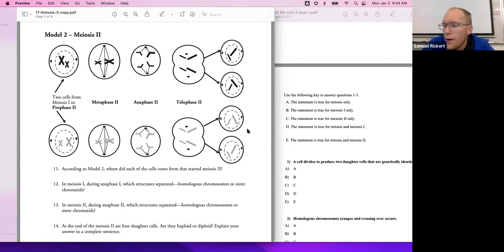So hopefully you have a better understanding of independent assortment, but independent assortment has to do with which chromosomes end up in each gamete. Remember, humans have many chromosomes, and even a fruit fly has many chromosomes, but humans have 23 chromosomes.